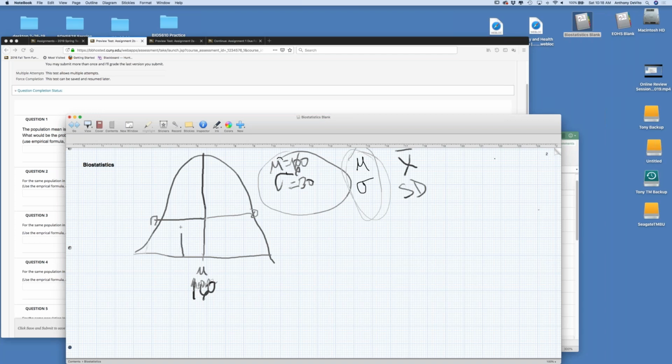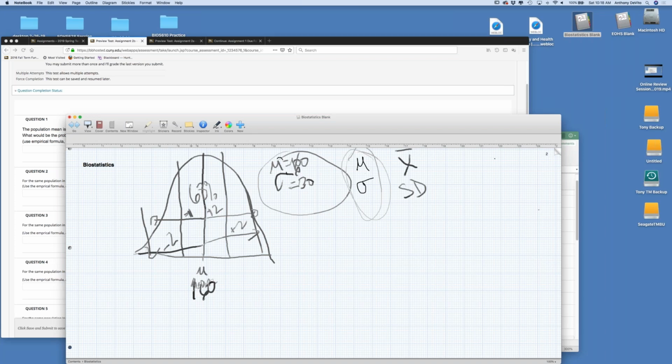It tells us that 68% of the population in a normal distribution is within one standard deviation of the mean, one standard deviation above to one standard deviation below. And it also tells us that 95% of a population is between two standard deviations below the mean and two standard deviations above the mean.